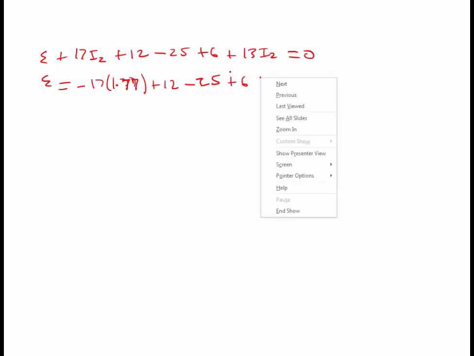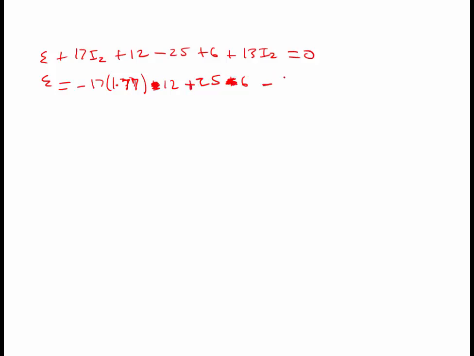Actually, no. We're bringing everything on the other side, so this will be minus, this will be plus, this will be minus 6, and minus 13 times 1.77, and that equals the potential. So now if I multiply everything out, E comes out to be negative 46 volts. Right?